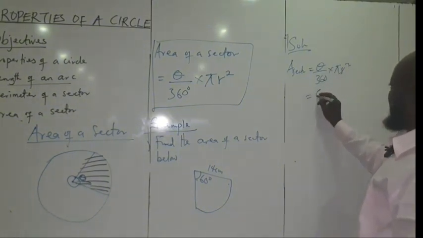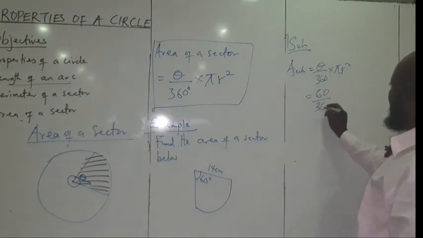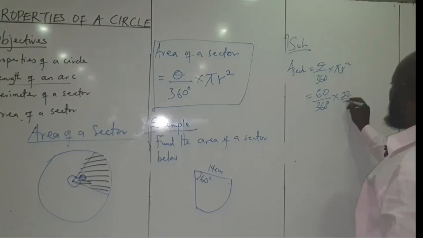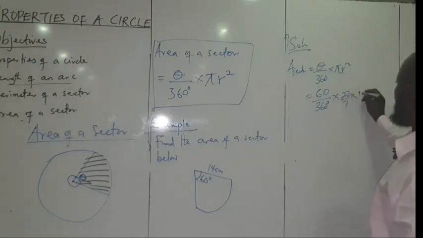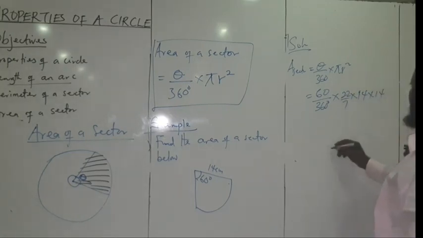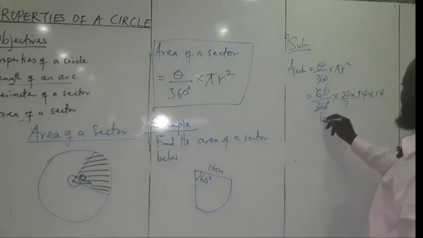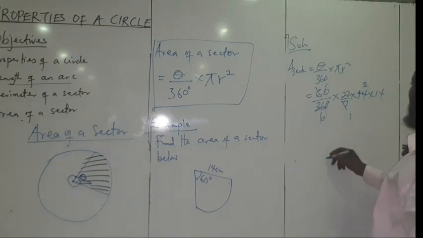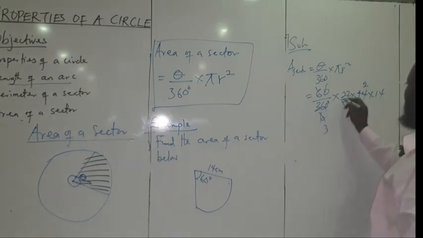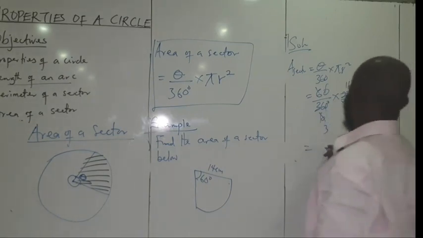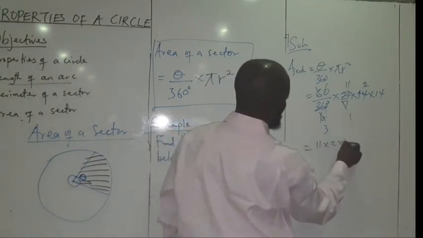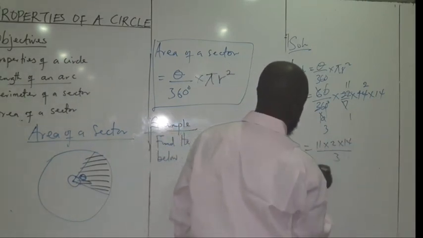So that will be 60 degrees divided by 360 degrees times 22 over 7 times r, which is 14, times 14. 0 cancels 0, 6 here 1, 6 here 6. Right? 7 here 1, 7 here 2. Right? 2 can go here 3, 2 can go here 11. So we have 11 times 2 times 14 divided by 3.